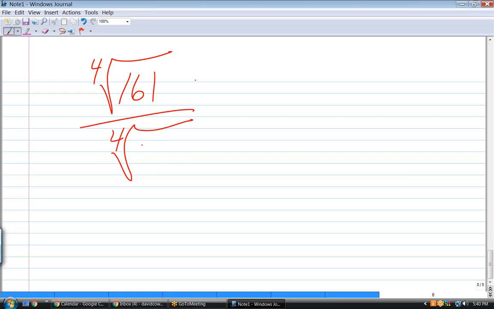Fourth root. Divide the 2 numbers under the radical sign first.